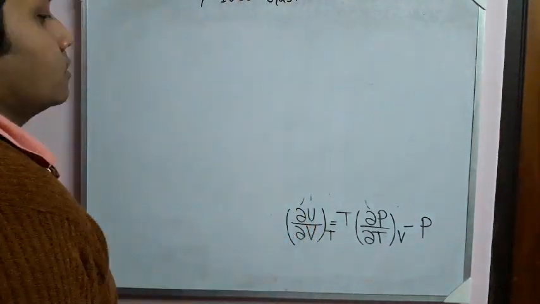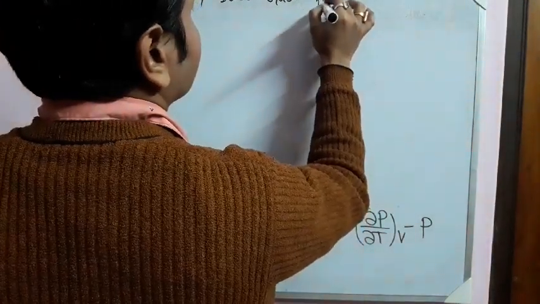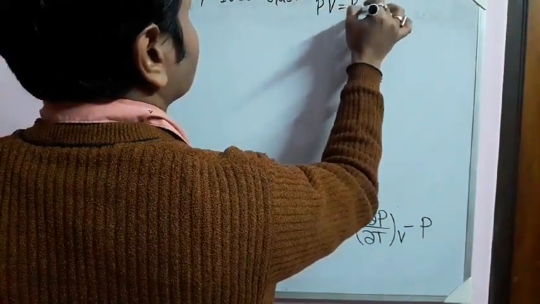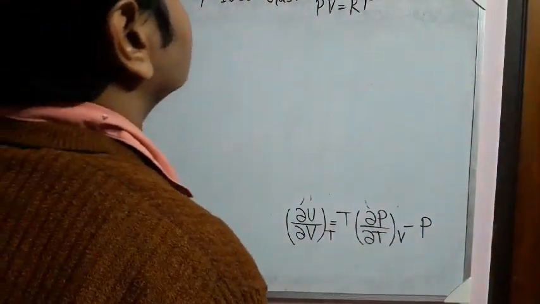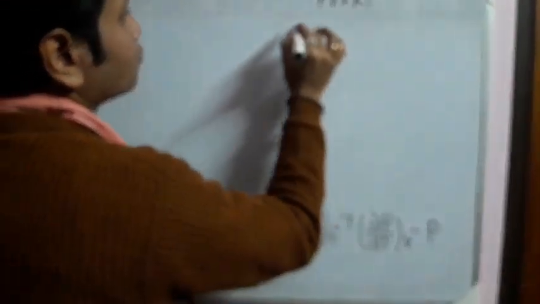In the case of the ideal gas, for 1 mole we can write PV equals RT.